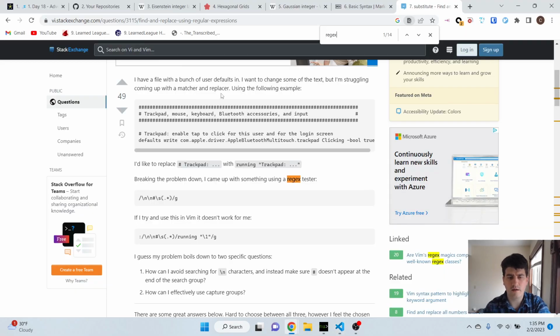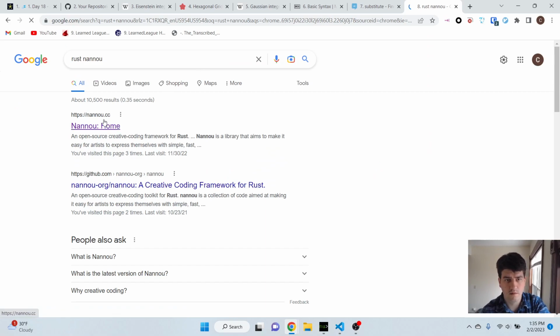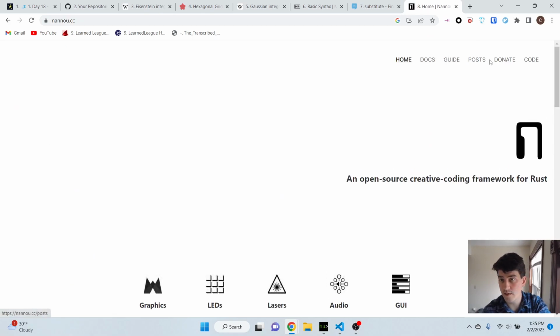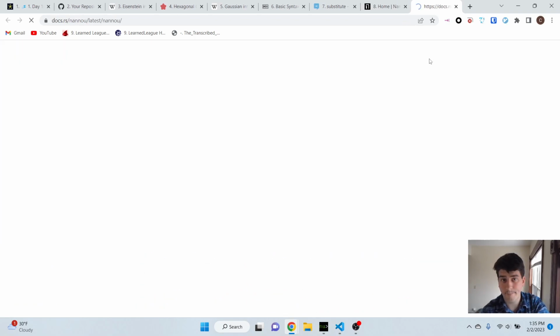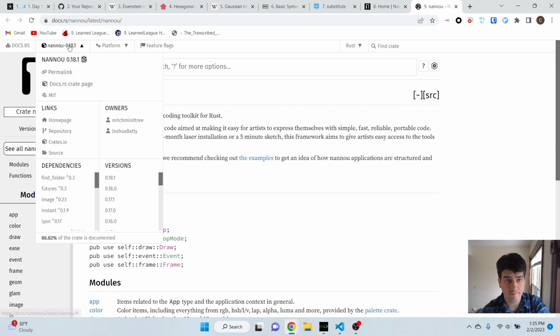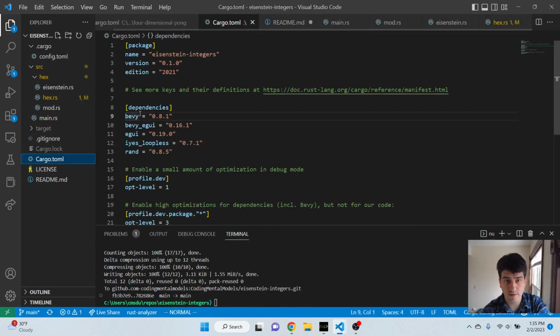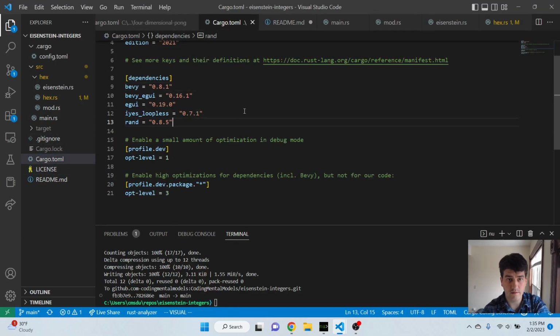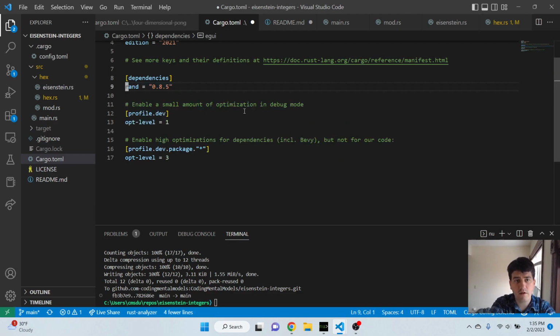Okay, in that case, Rust Nannou. So let's get rid of the stuff we don't need, which is, hey, all of that. Oh, except Rand. Rand might be useful.